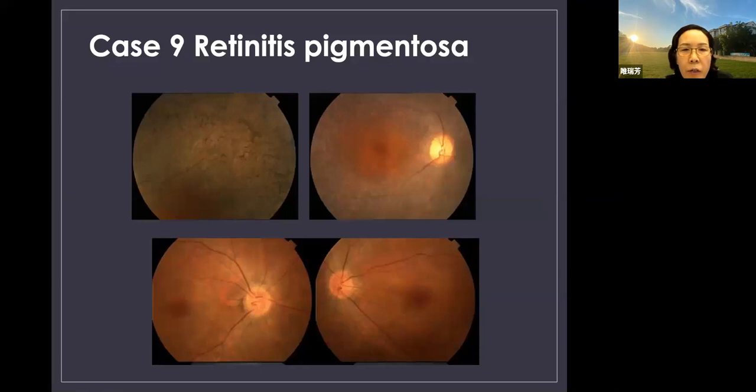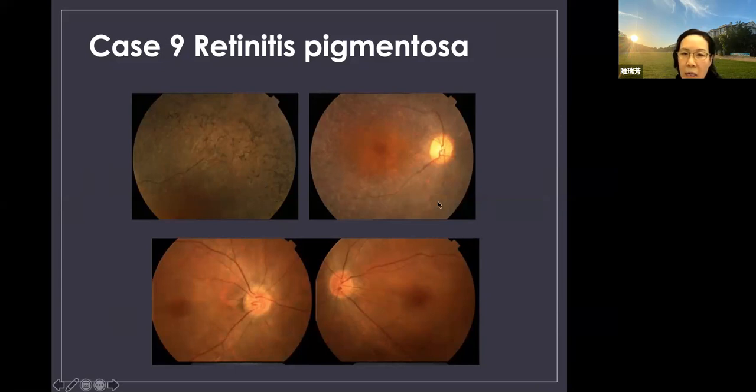For inherited retinal dystrophy, retinitis pigmentosa is the most common type. But even patients who have the same diagnosis of RP may have different retinal phenotypes. Sometimes we can see typical bone spicules.